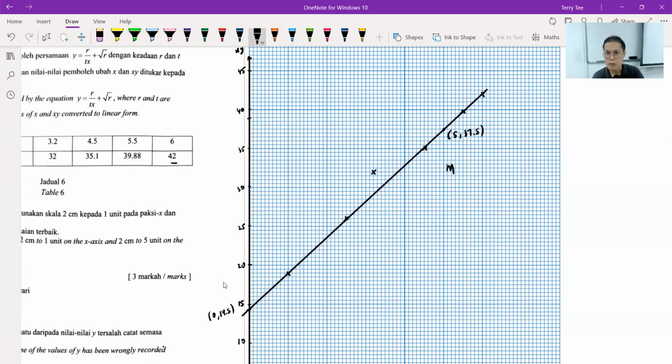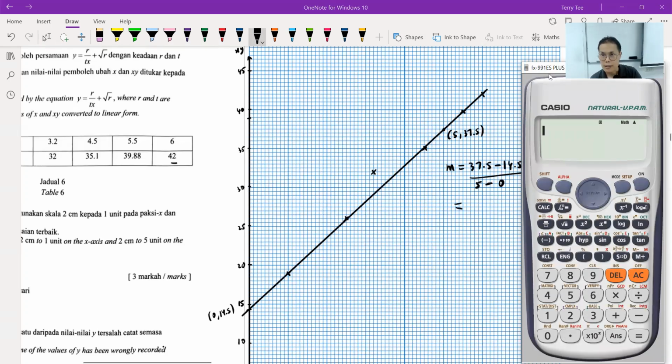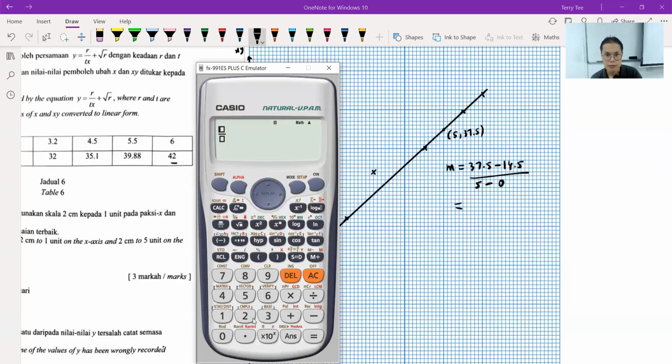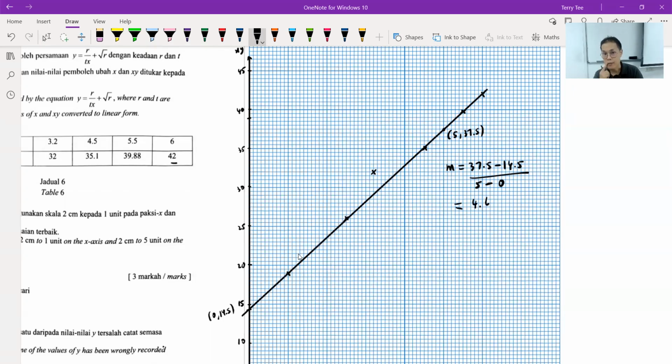So your gradient will be 37.5 minus 14.5 divided by 5 minus 0. Let's take 37.5 minus 14.5 divided by 5 minus 0. This will give us 4.6. So my gradient is 4.6. My y-intercept is 14.5.